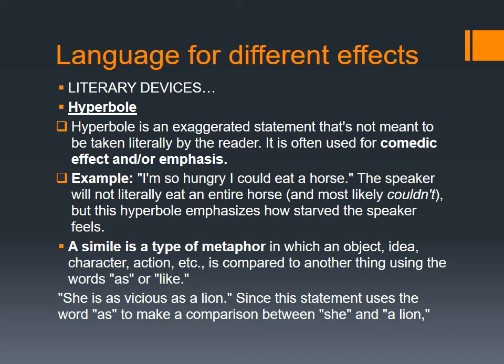So if two things are compared by using the words as or like, of course that's a simile. So it's a type of metaphor. You can take it as that, but don't mix it up. So, she is as vicious as a lion. This statement uses the word as to make a comparison between she and a lion.